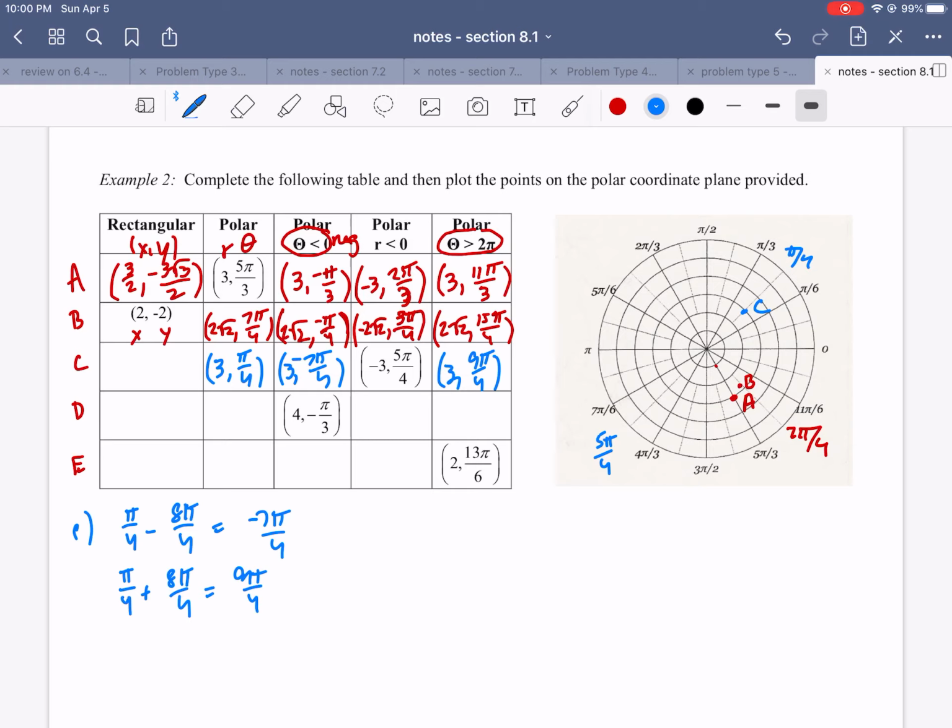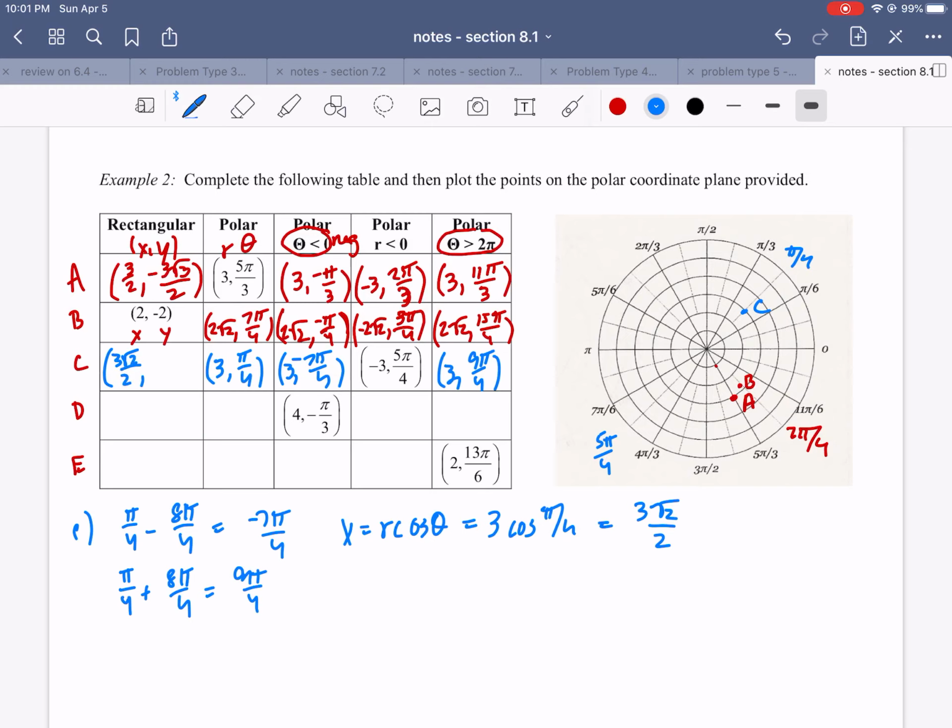And then finally, we want to do the conversion. Remember, for the conversion, we have an r and a theta. To get an x and a y, I know that x is going to equal r cosine of theta, which is 3 times the cosine of pi over 4, which will equal 3 square root of 2 over 2. So that will be my x-coordinate.